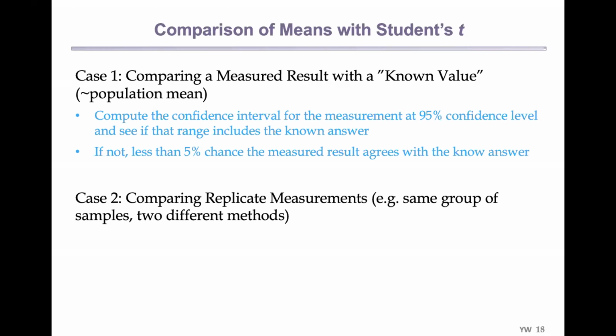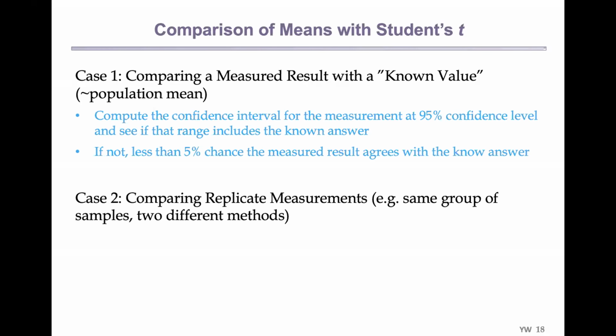Okay? So when you find the confidence interval with your measured result, you will compare the range with the known value and see whether the known value falls into that range. If it doesn't, then they don't agree.